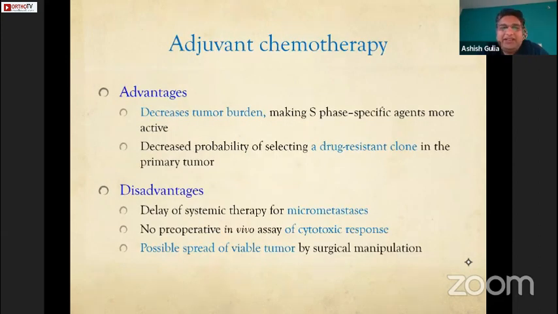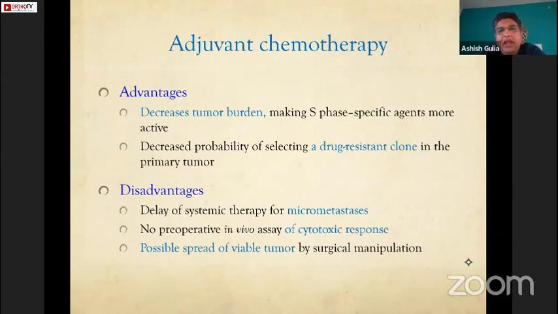Adjuvant chemotherapy is something which is given after the surgery. If we give only adjuvant chemotherapy, the advantages are that you have less tumor volume for the chemotherapy to act on, and very little chance of developing a drug-resistant clone.